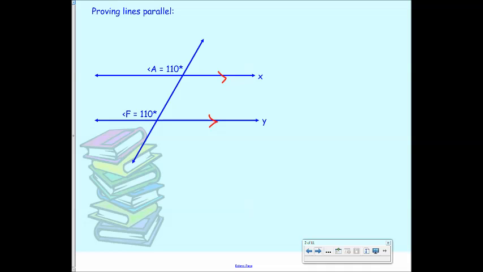So what relationship are A and F in? They're corresponding angles. So we would use what's called the converse of the corresponding angles theorem. Converse just means flipped. So it just means backwards.